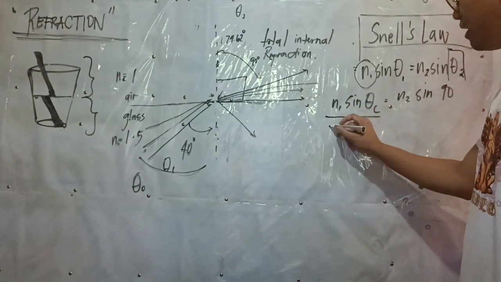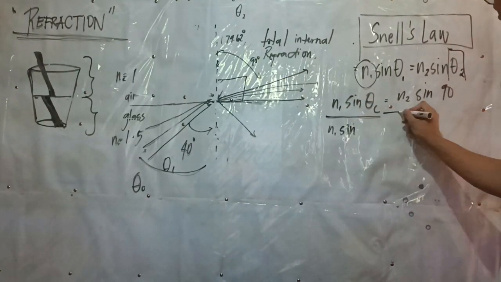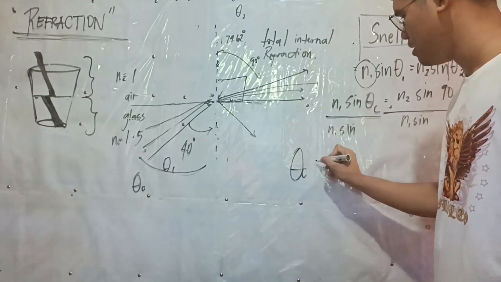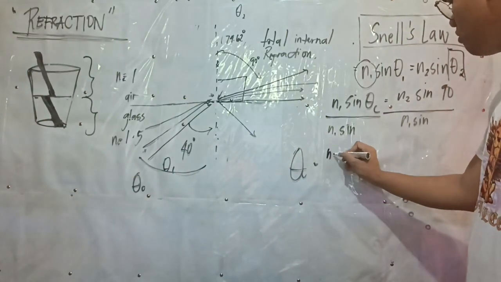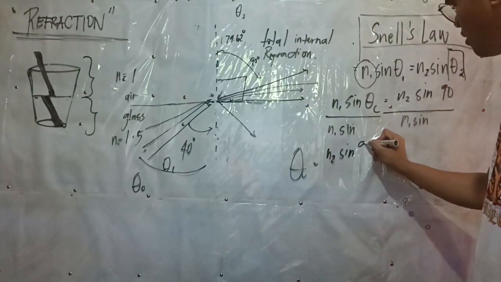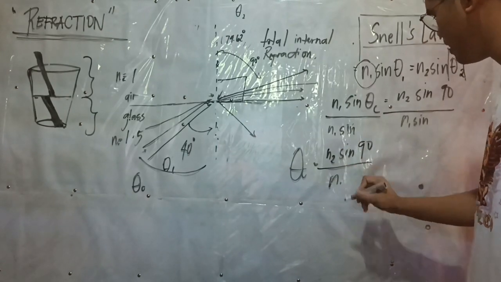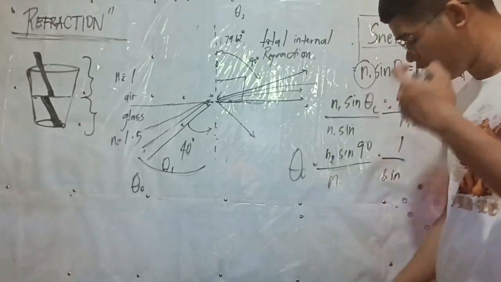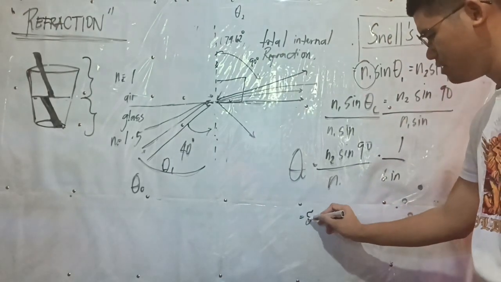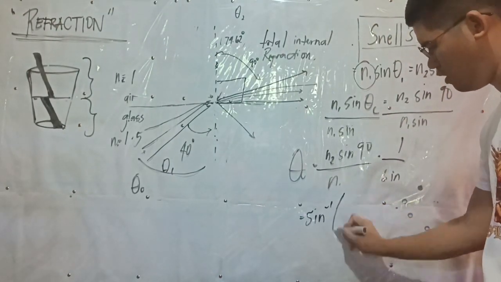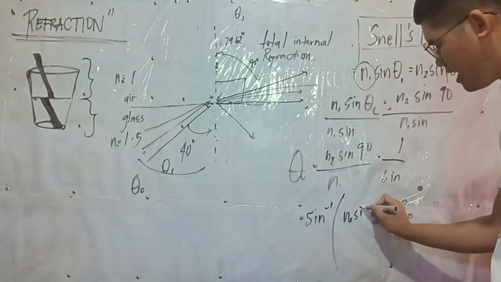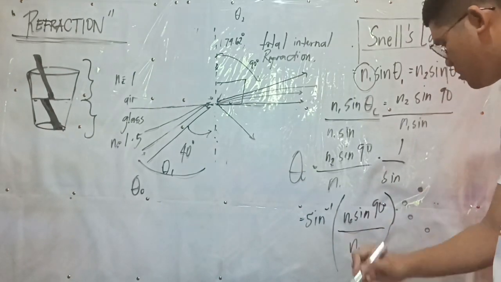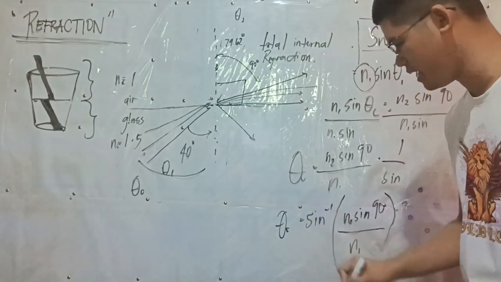Then we just divide by N1. So we have theta C equal to inverse sine of N2 sine 90 over N1. That is how we get our critical angle.